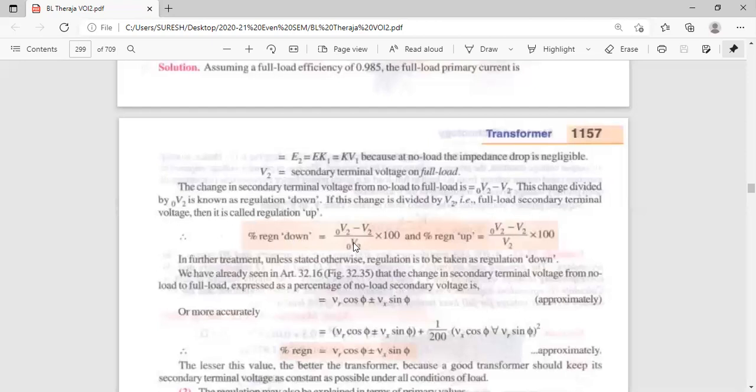Why is this percentage regulation down and why is this percentage regulation up? Here it is no load voltage minus full load voltage by no load voltage. But here it is no load voltage minus full load voltage by full load voltage. This regulation is called up, and this regulation is called down. Why? Anyone?